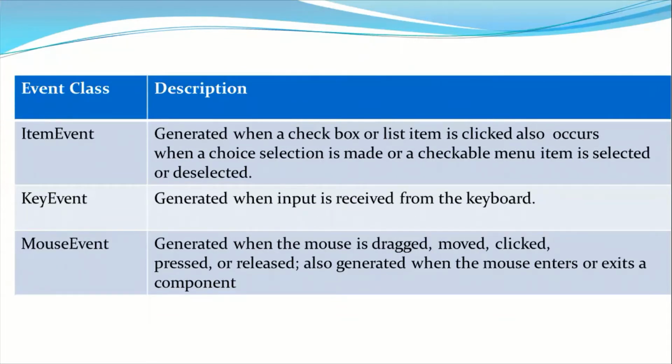KeyEvent is generated when input is received from the keyboard. If any keyboard related activity is there, we need to use KeyEvent. MouseEvent is generated when the mouse is dragged, moved, clicked, pressed, released, and also generated when the mouse enters or exits a component.